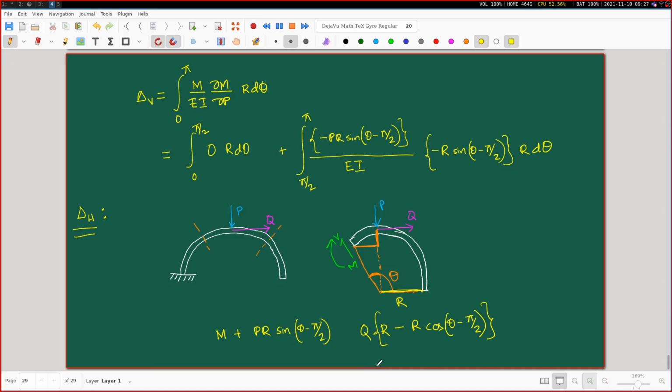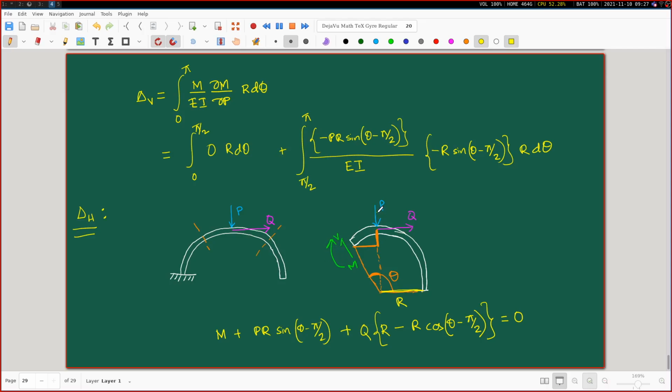This is the moment. Is this in the clockwise sense or the anti-clockwise sense? Sir, clockwise. So again a plus. Yeah, clockwise. So this entire thing is equal to 0. Note once again, M, the internal moment at the cut section, drawn like this, is clockwise.